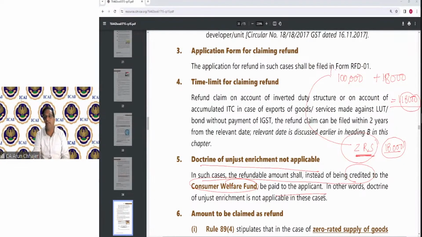Currently we are talking about inverted duty structure. We will discuss in multiple different situations. But if it is proved that there is no unjust enrichment, then refund would be given to the applicant. If it is proved that unjust enrichment exists, then refund will be credited to the CWF, Consumer Welfare Fund.